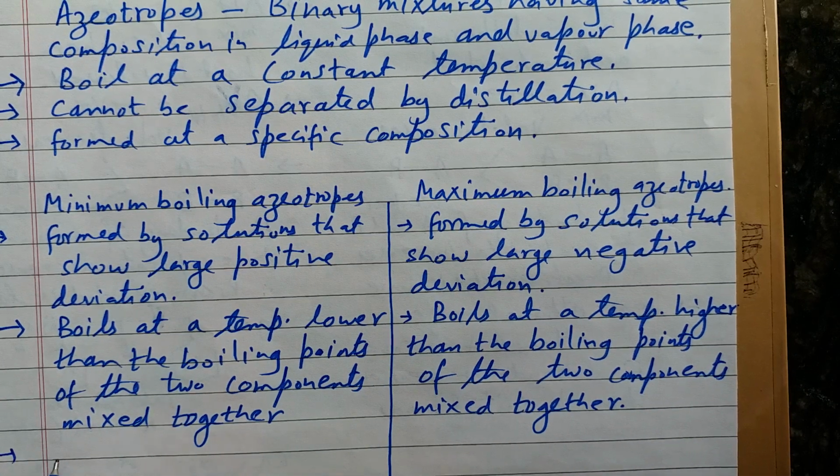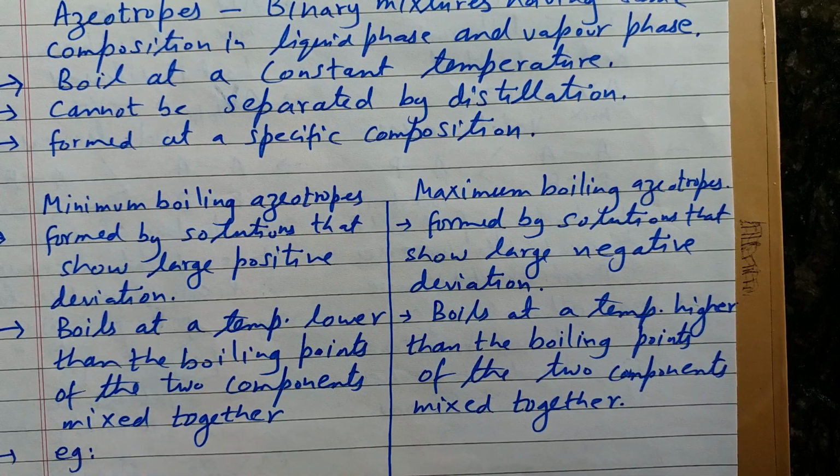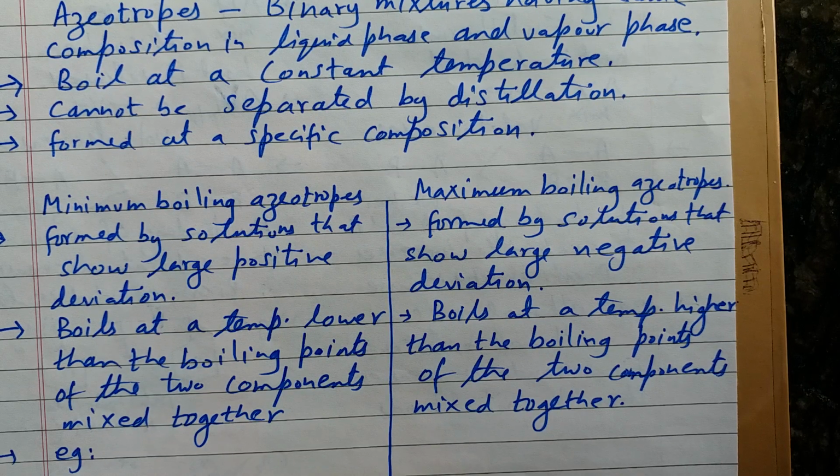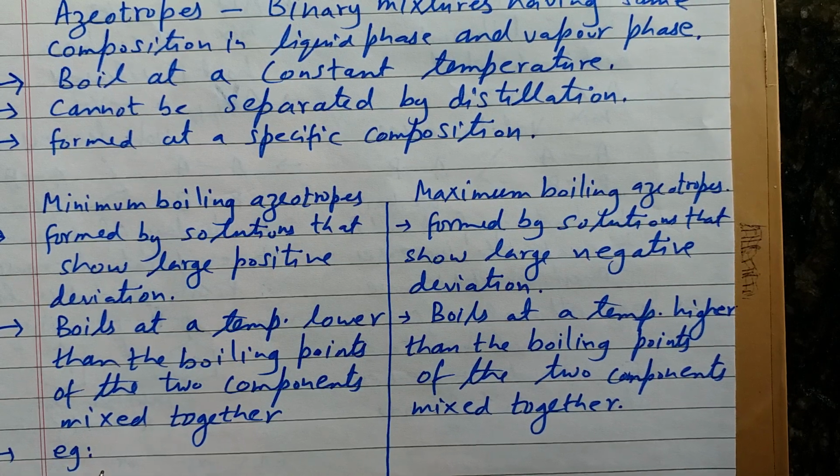Now let's take one example each. Example of a minimum boiling azeotropic mixture where the solution shows a large positive deviation from the Raoult's law.